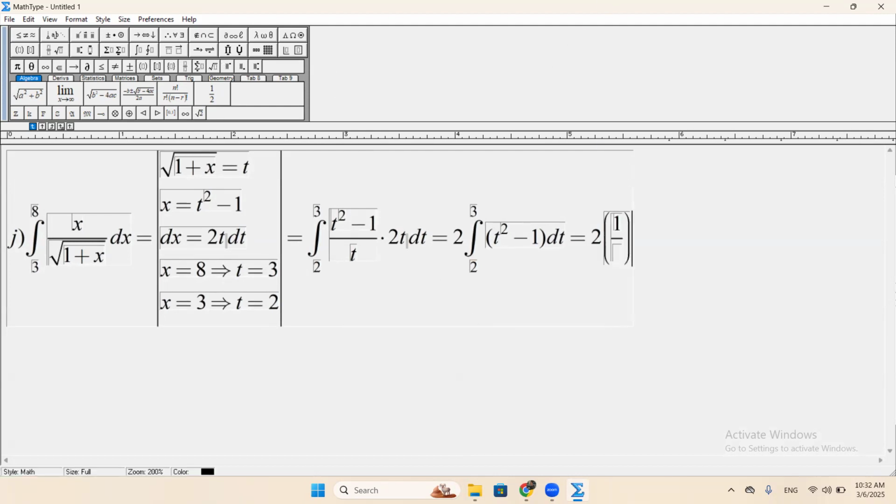And we have 1 over 3 t cube minus t, with substitutions from 2 to 3.